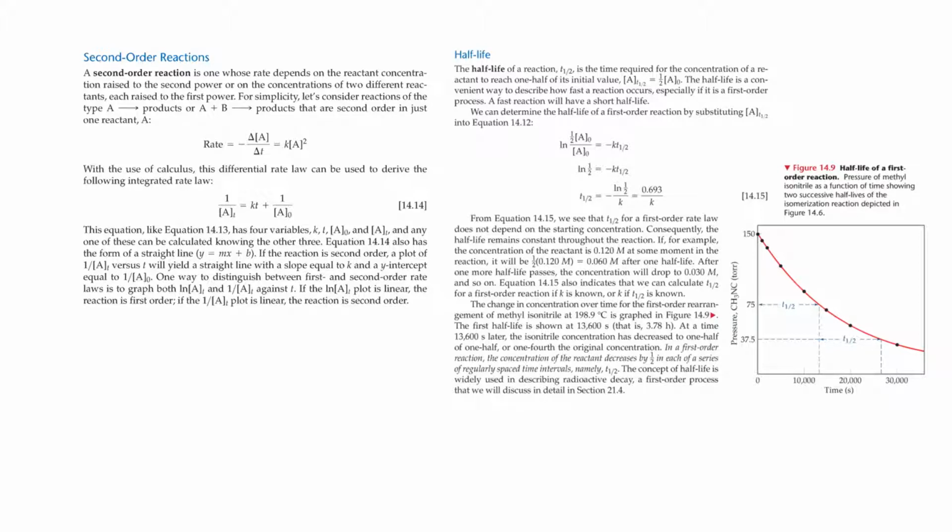In a first-order reaction, the concentration of the reactant decreases by 1/2 in each of a series of regularly spaced time intervals, namely t sub 1/2. The concept of half-life is widely used in describing radioactive decay, a first-order process that we'll discuss in detail in section 21.4.